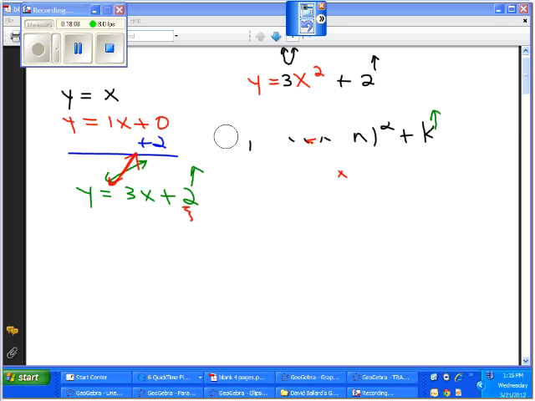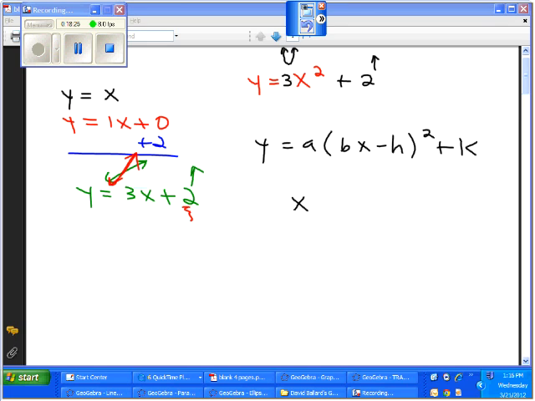And so then we summed it up like this. When we looked at transformations of parent functions, we said, okay, if we had y is equal to a times, and I'm just going to call this bx minus h quantity squared plus k. We said if you had a point xy, and let's just call that point f, that point f would map to what?